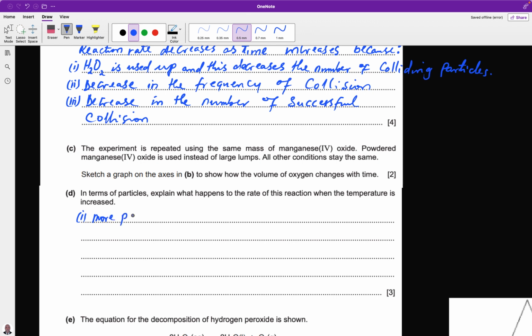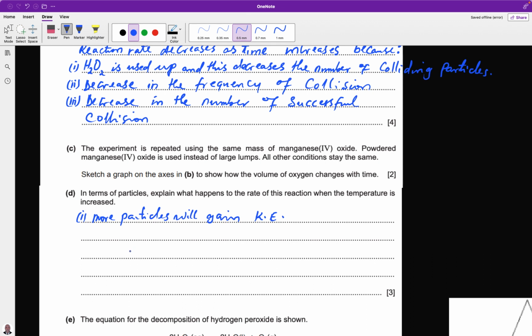More particles will gain kinetic energy.